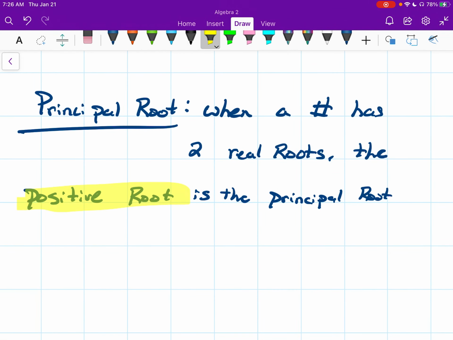Big deal there is the positive root, okay? So an example of this would be that for square root of 4, 2 is the principal root.